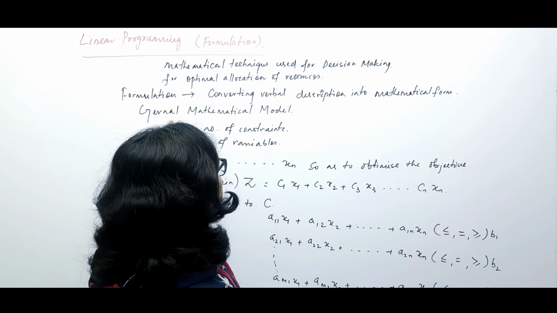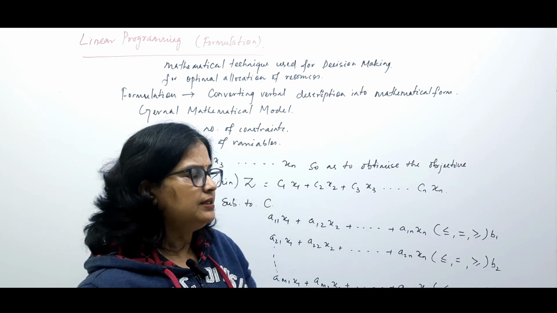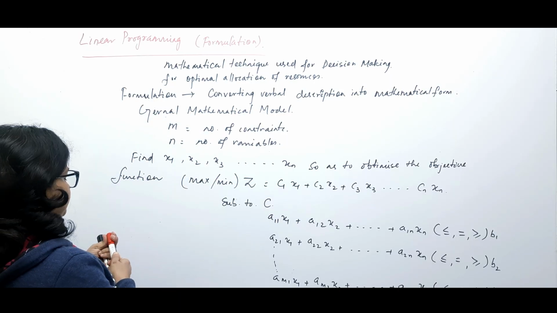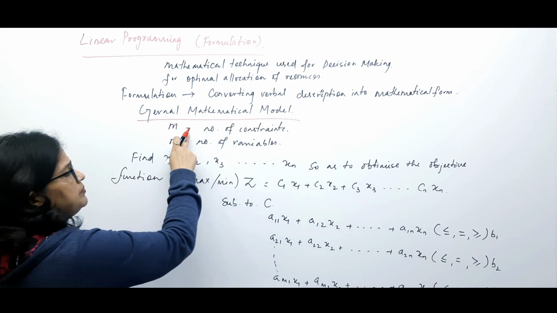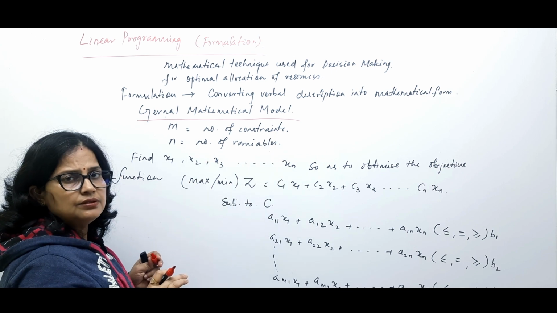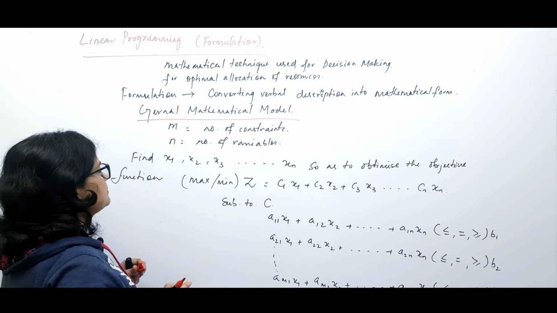So what is the general mathematical model form? First we need to say that this is the general mathematical model form. M is used for the number of constraints. N is used for the number of variables.